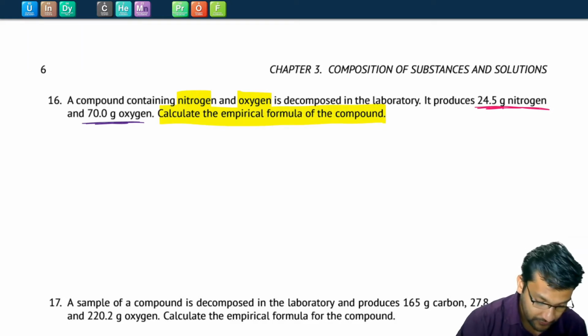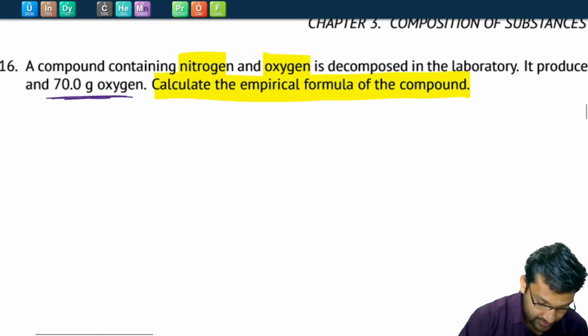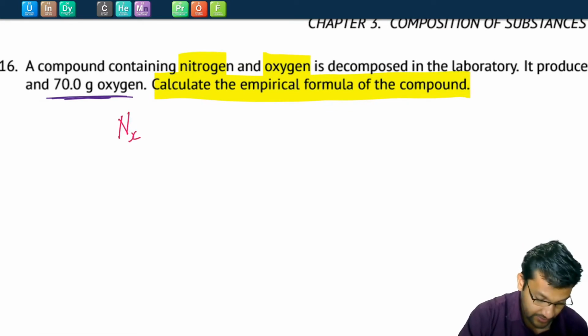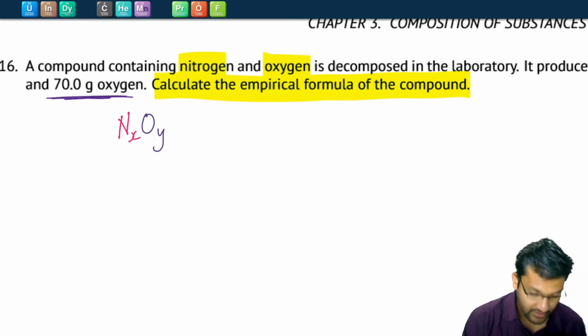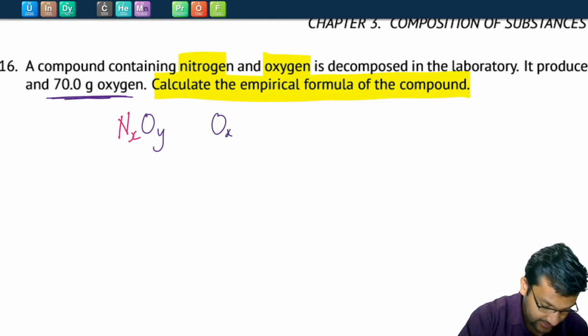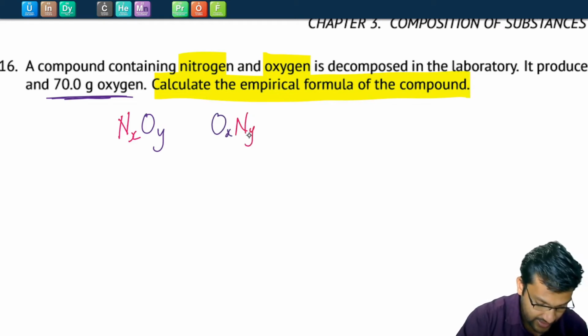Now, the empirical formula for this compound has nitrogen and oxygen, so it'd be nitrogen and some number x that we need to calculate, and oxygen and some number, let's call it y. Now, some of you might be asking, well, why isn't it oxygen and some number x and nitrogen and some number y instead?